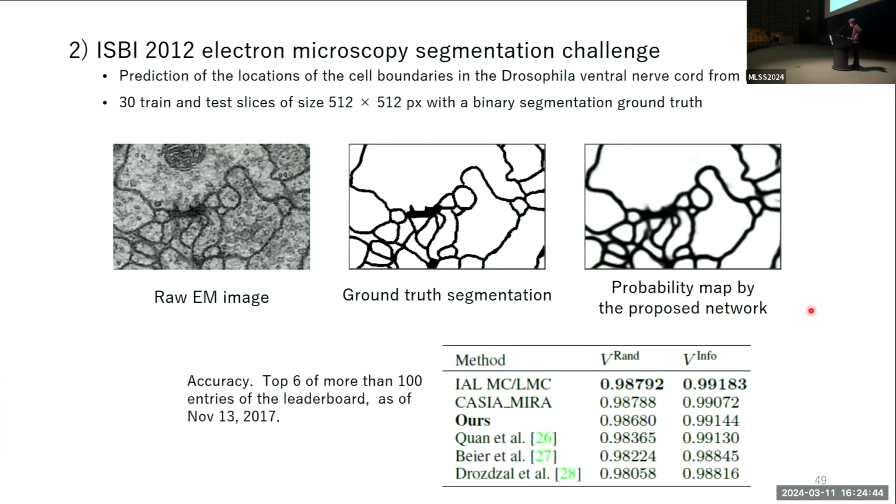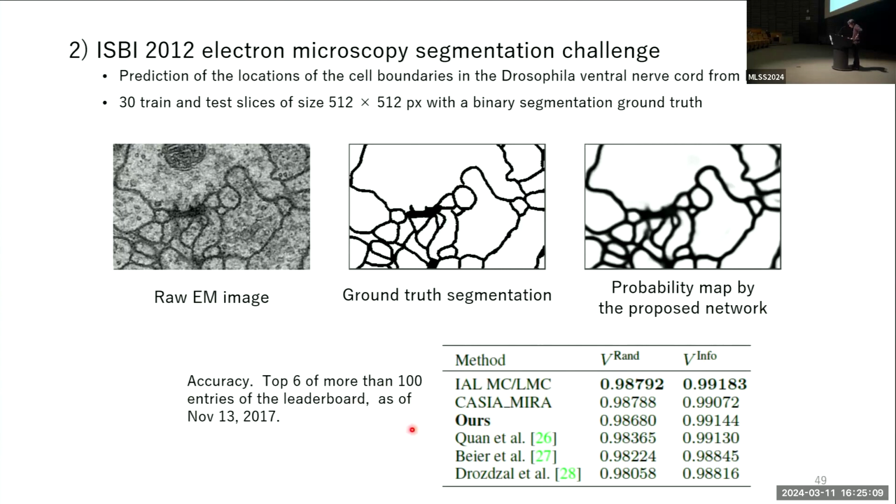And well, I'll go over this very quickly, but this is electron microscopy images, and there is a segmentation challenge at some conference, and the steerable group convolutional neural network shows one of the top 10 performers in the competition.